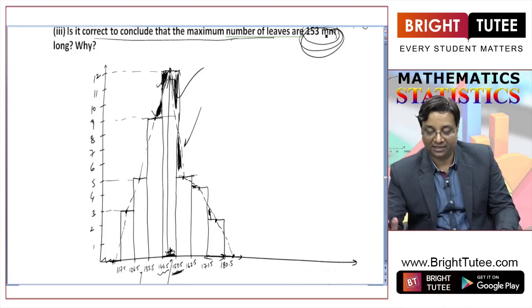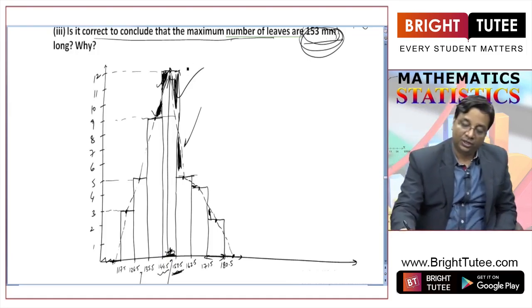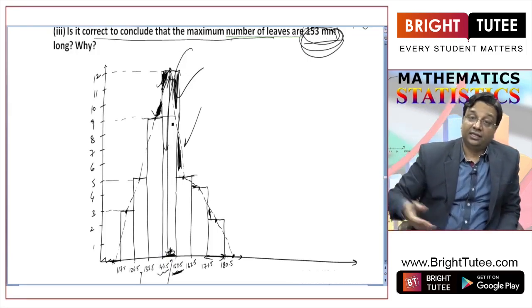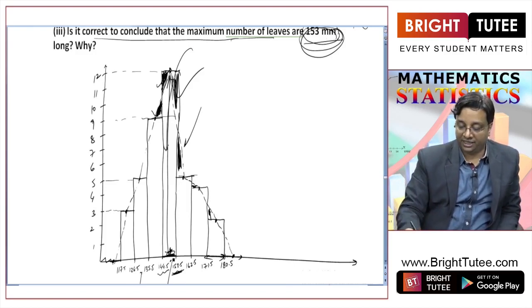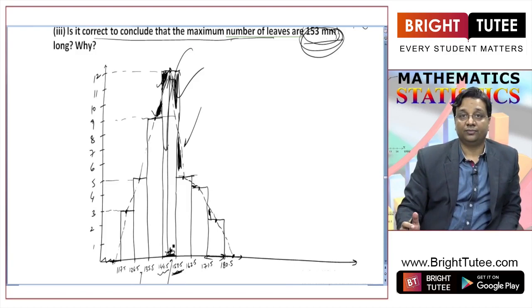So we cannot say that the maximum number of leaves are 153 mm, because the maximum number of leaves may be between 144.5 and, let us say, when you look at this class, in this class itself there may be the maximum number of leaves which are 145 mm long.